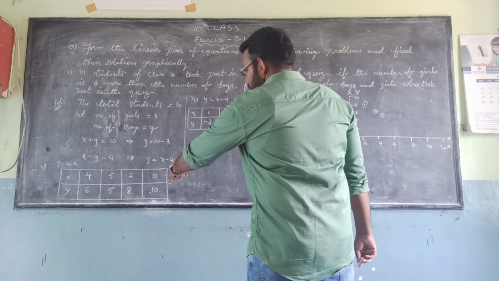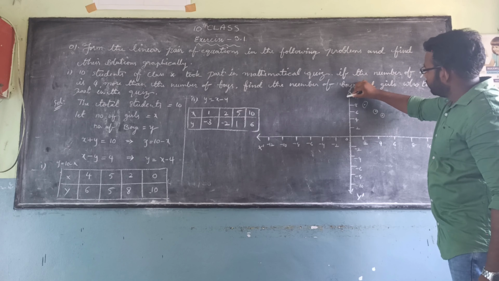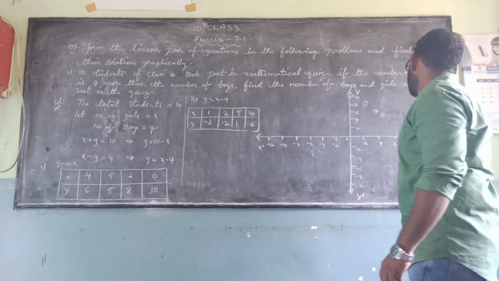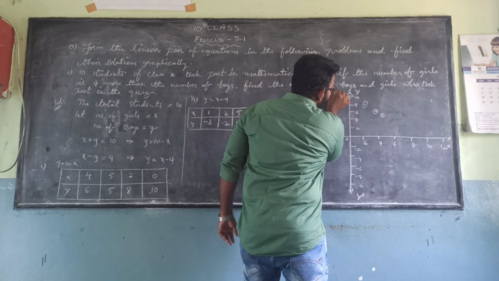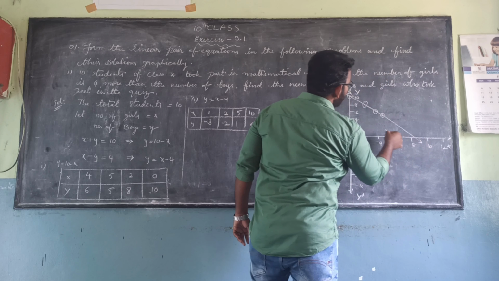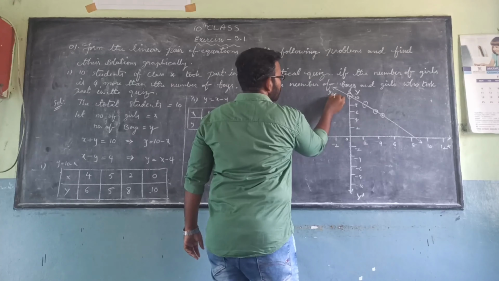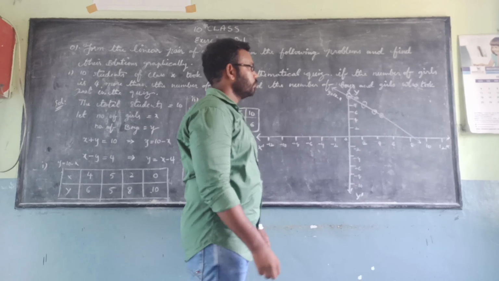Here x is equal to 0, y is equal to 10. So you can draw a straight line by joining these points using the scale. This is y is equal to 10 minus x.